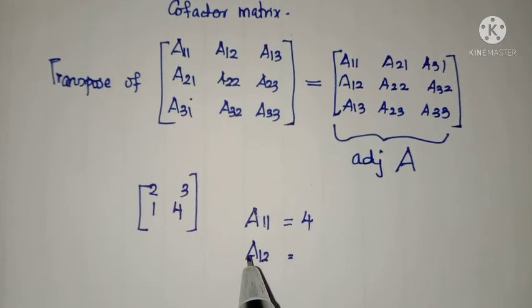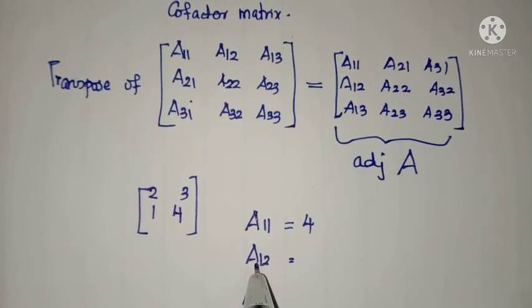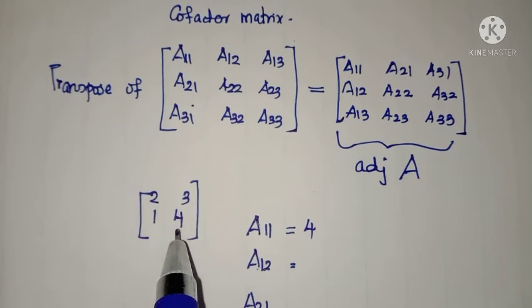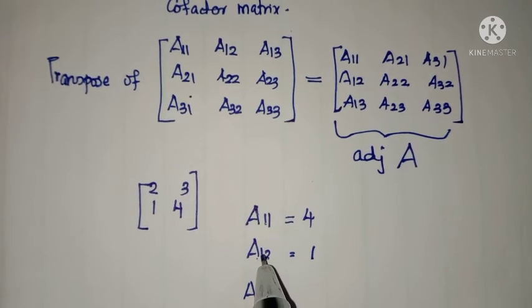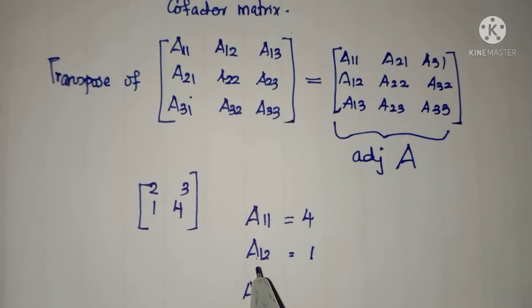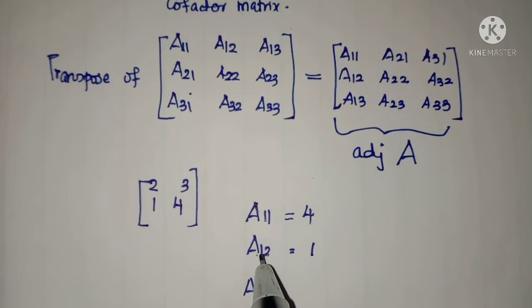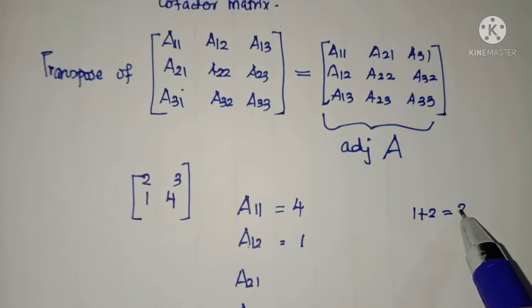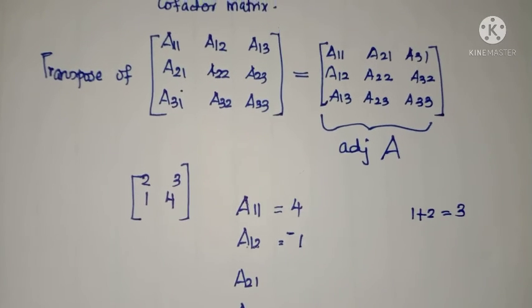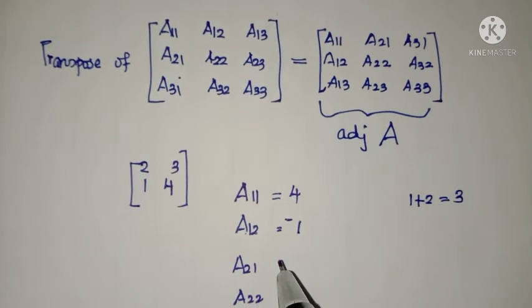A12 is the minor M12, which is 1. And listen, the sign of A12: here the suffix is 1, 2, so take their sum, 1 plus 2. 1 plus 2 is an odd number, so give negative sign.